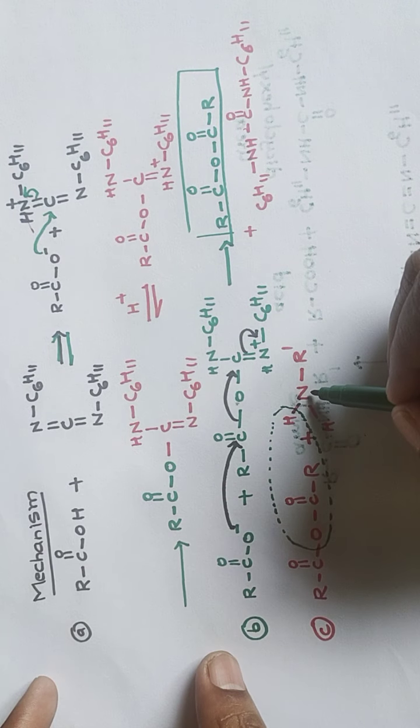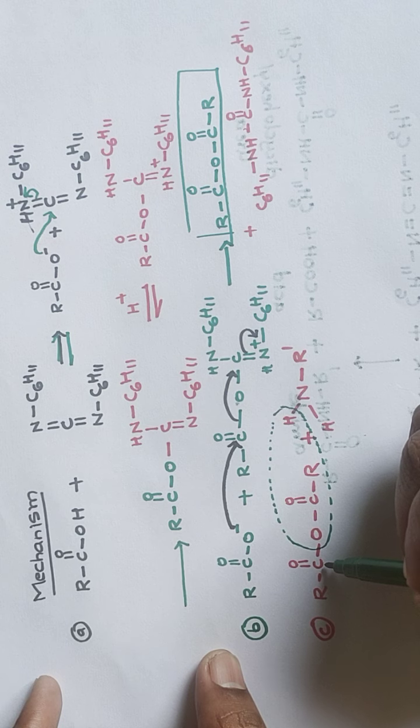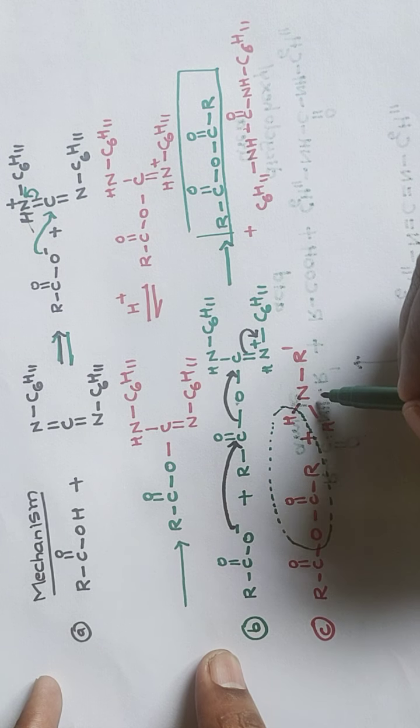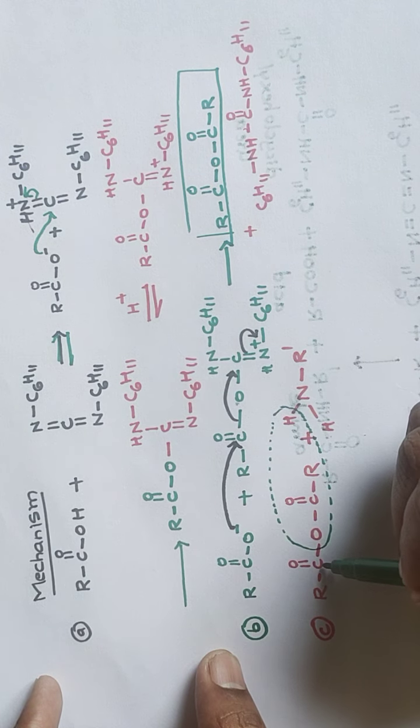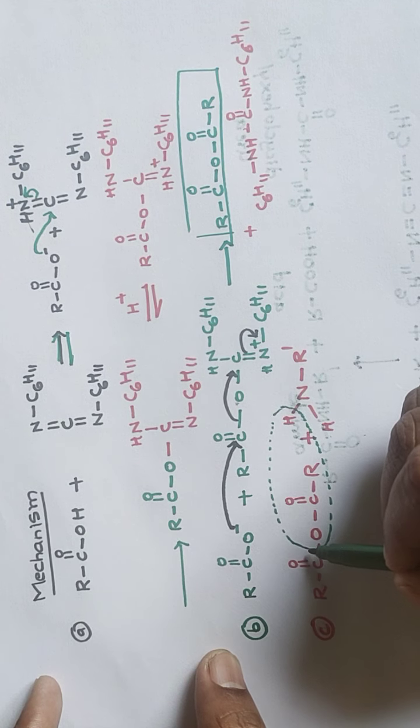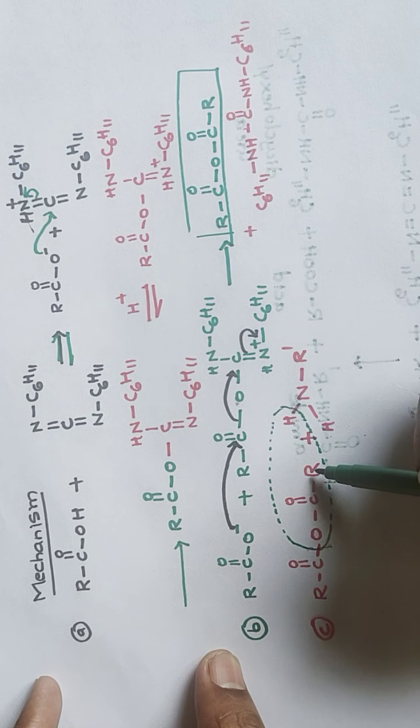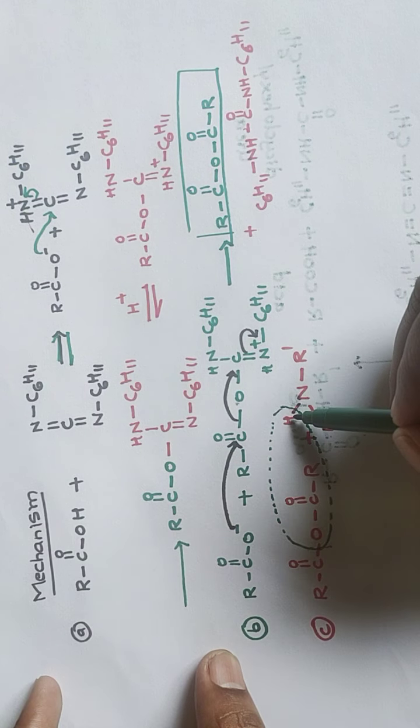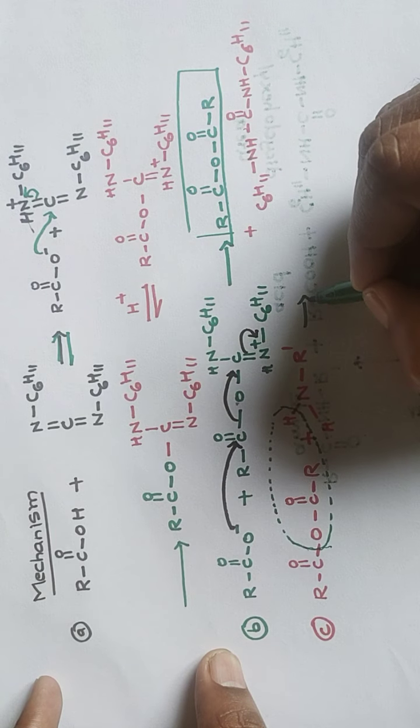So this nitrogen with a lone pair of electrons attacks here. It can attack this carbon or this carbon, both are same. So when it is forming a new bond, this bond should break. So this group goes off, RC=O, that will take up a proton from nitrogen and it forms acid. So what you are going to get is this compound.